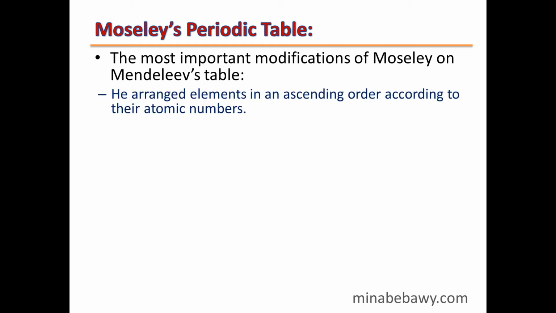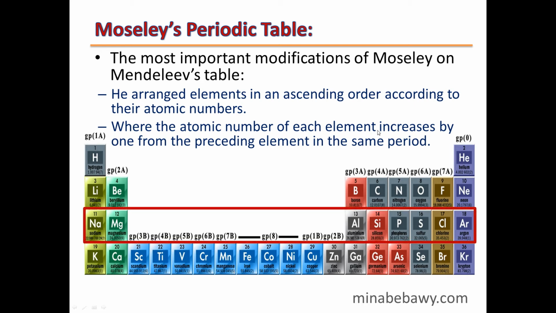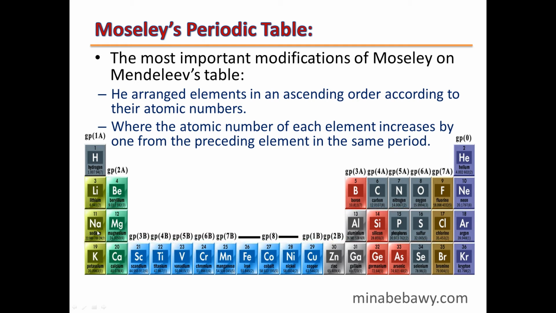The first thing that Moseley did is rearrange the elements in ascending order, but this time according to their atomic numbers, where the atomic number of each element increases by 1 from the preceding element in the same period.